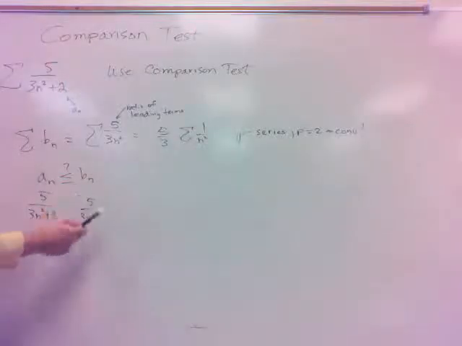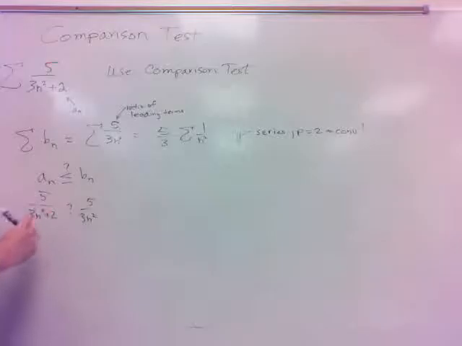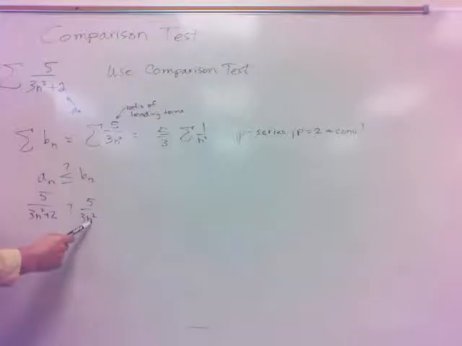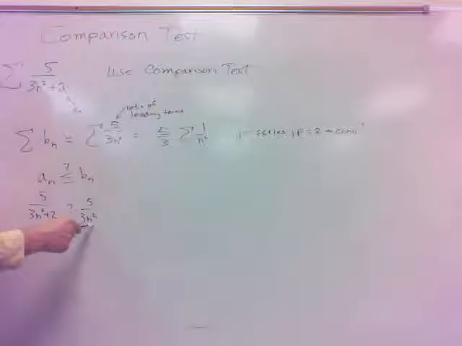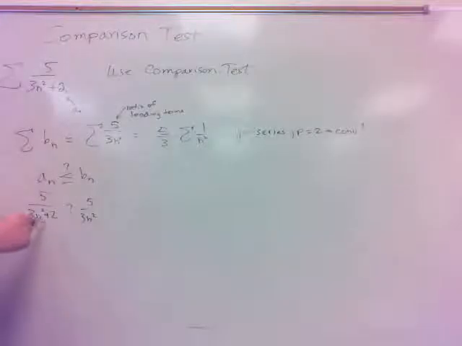This right here is pretty complicated, I guess, but think about it. This one has a bigger denominator, doesn't it? Because I'm adding 2 to whatever denominator this is, right? So I have 5 with a bigger denominator compared to that thing. Won't this be a smaller number?